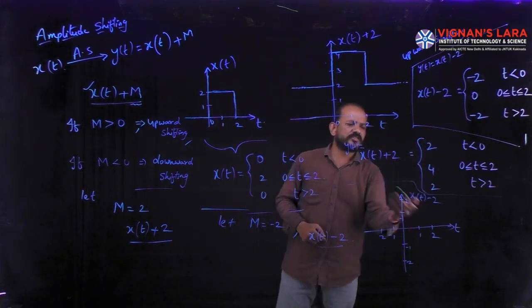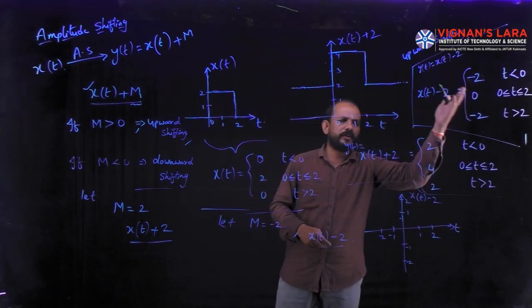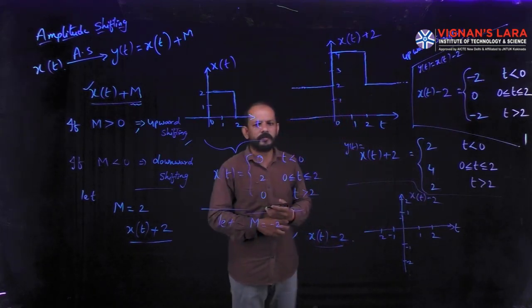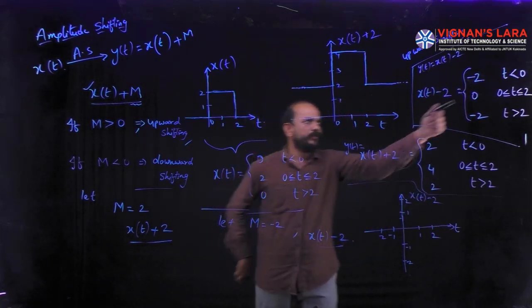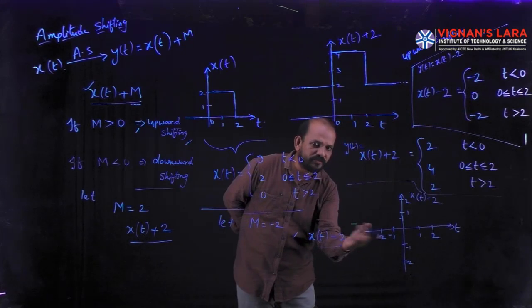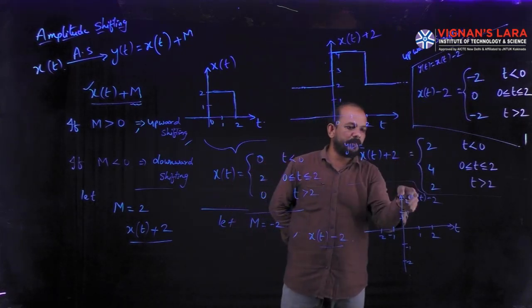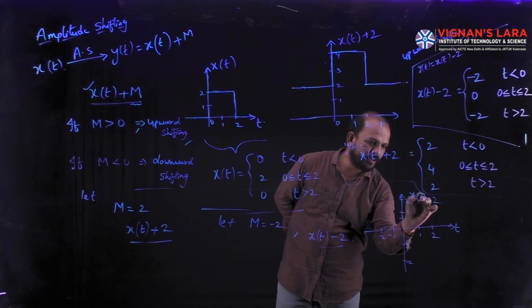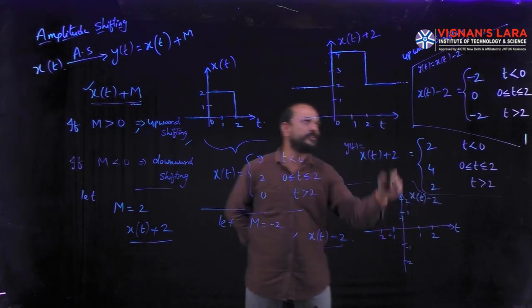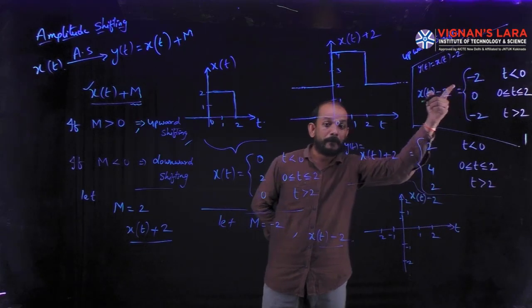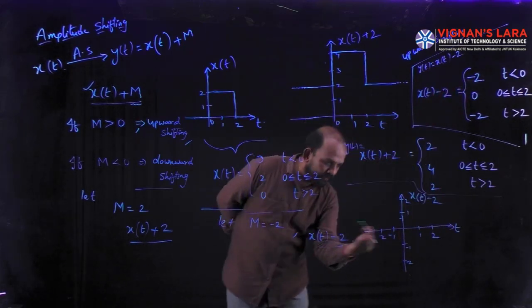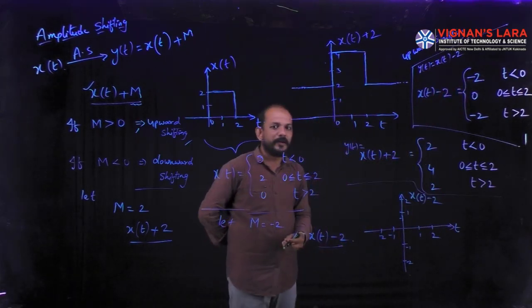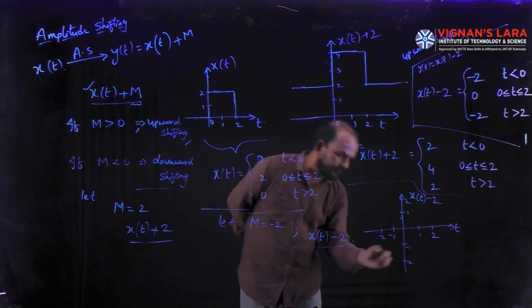Now you can draw this waveform from these equations. So how can you draw the waveform? For t less than 0, that is minus 1, minus 2, minus 3, the value of x of t minus 2 is minus 2. So for all these values, it is minus 2. So where is minus 2?